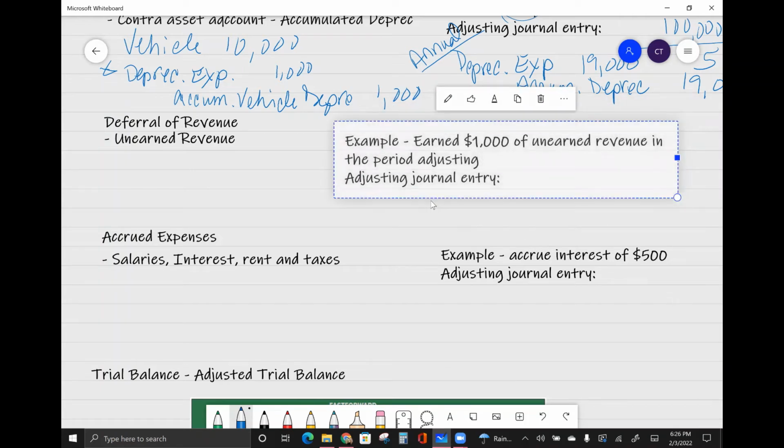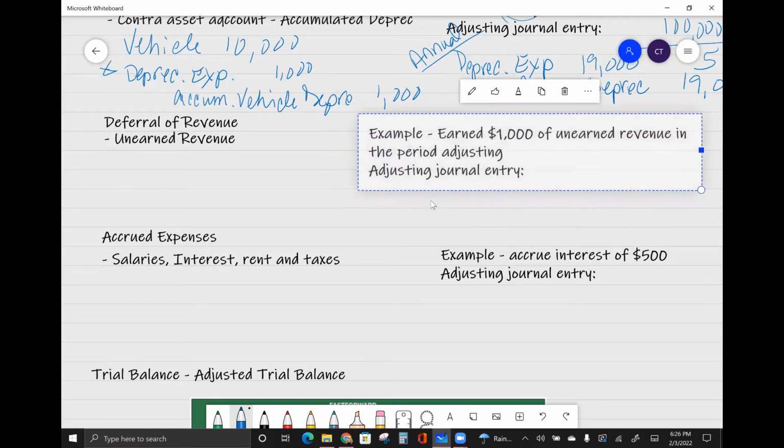So we earned 1,000 of unearned revenue, and I want to know what the entry is going to be. So we collected some money up front, and it's already on my books as unearned revenue. And what I want to do is make an adjustment to recognize a portion of it.